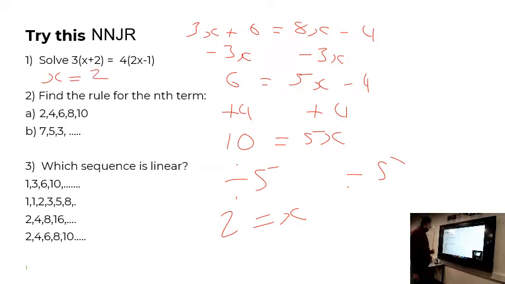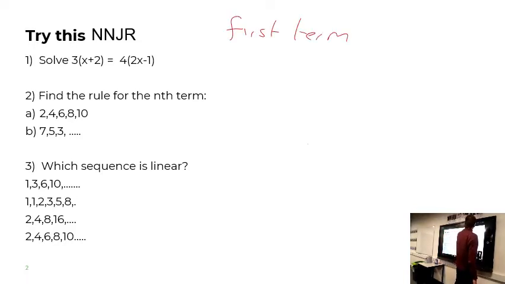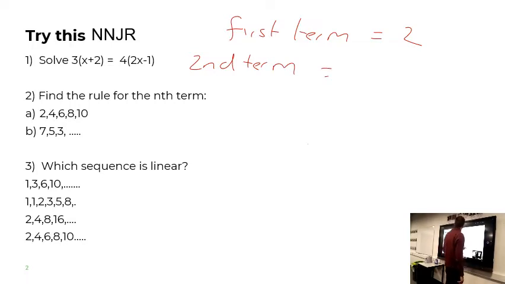Okay, let's have a go at the second question. Let's find the rule for the nth term. For part A, we have the first term, which is 2. Second term, we have 2, and we add 2 just once.